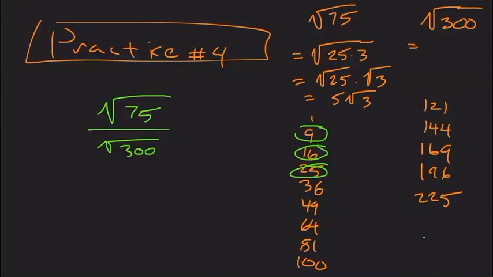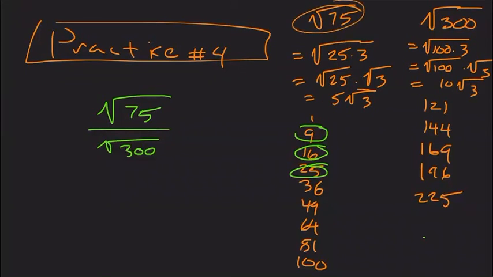Over here, what number can go into 300? That's going to be 100. 100 times 3, square root 100 times square root 3, which is 10 rad 3. So we know square root of 75 is 5 rad 3, square root of 300 is 10 rad 3.